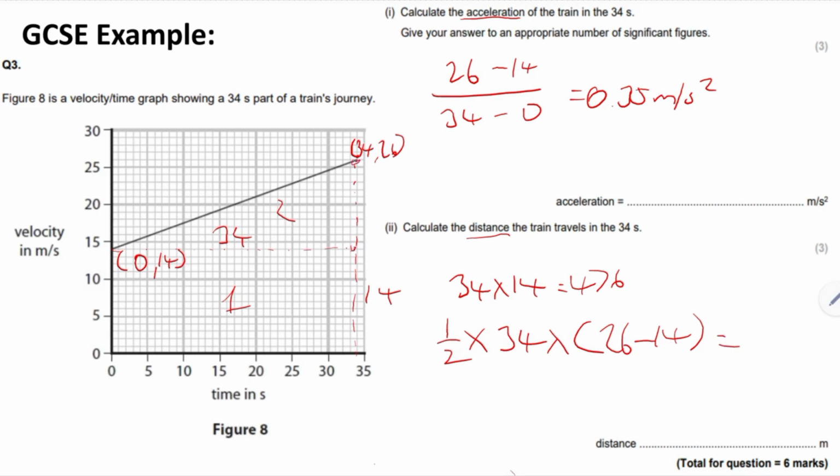And when you do that, you'll get 204. So you add them together and you will get 680 meters, and there you have it.